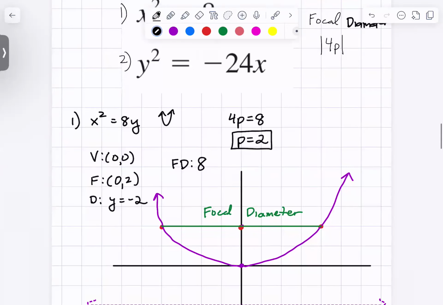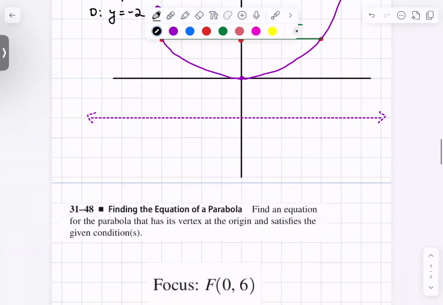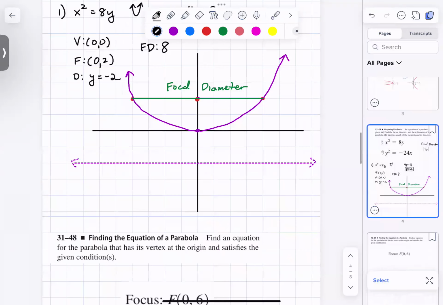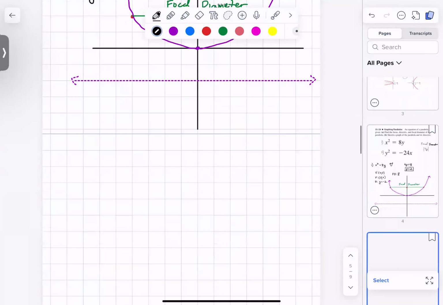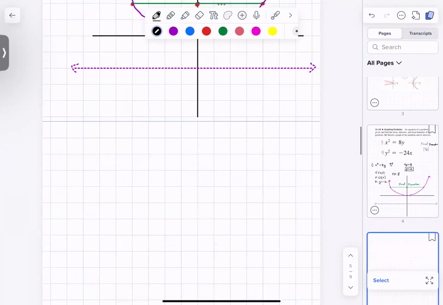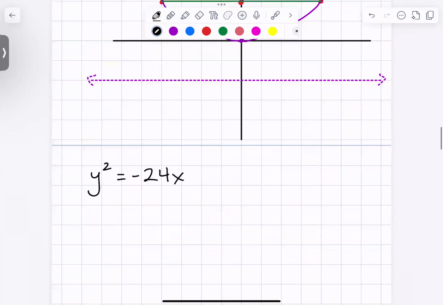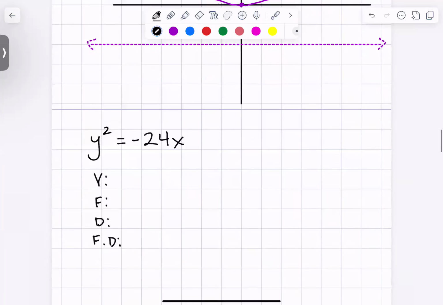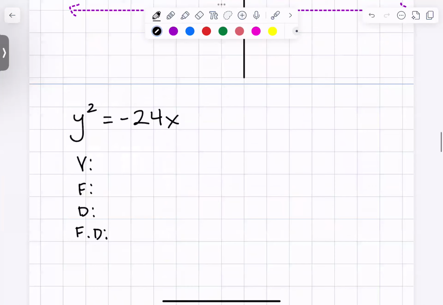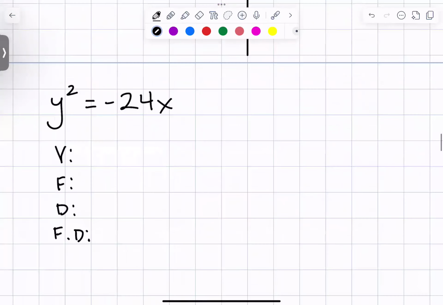Y squared equals -24x is our next one. So I'm going to add a page so we can work on this. I need to get my vertex, my focus, my directrix, and my focal diameter. Okay. So here I know my vertex is 0, 0.